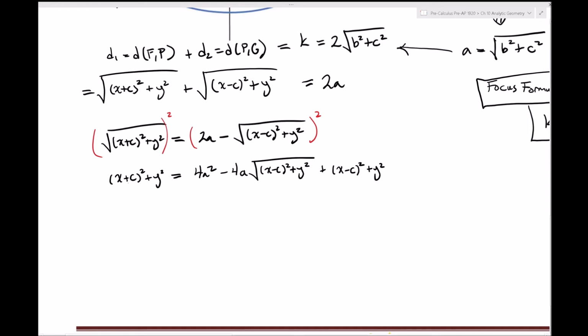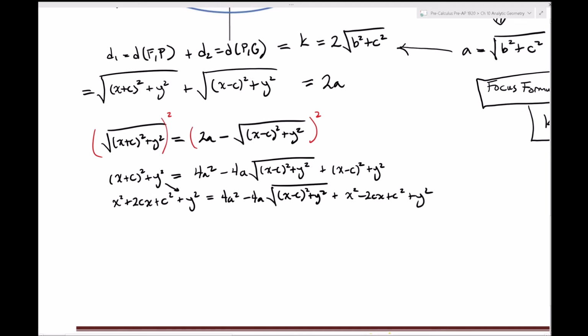So that x plus c squared is x squared plus 2cx plus c squared. Plus, there's a y squared that needs to get dropped down, equals 4a squared minus 4a square root x minus c squared plus y squared stuck inside of a square root, plus this one becomes x squared minus 2cx plus c squared plus y squared.